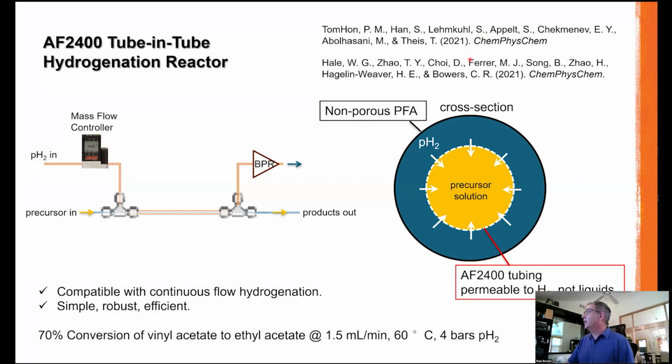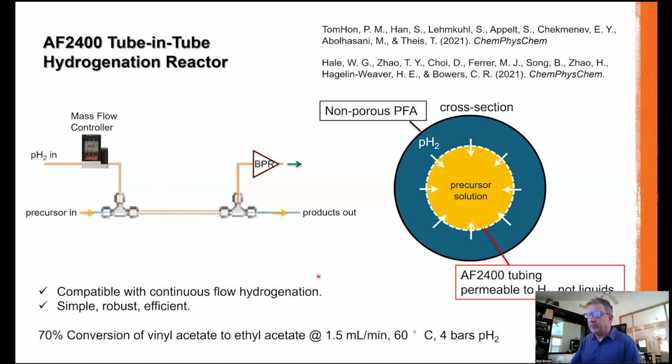We also employed the tube-in-tube geometry for the dissolution of hydrogen. The way that works, here's a diagram: the precursor solution to be hydrogenated runs through an inner tubing consisting of this amorphous Teflon, which is porous, and it's permeable to hydrogen and other gases, but impermeable to the liquid.